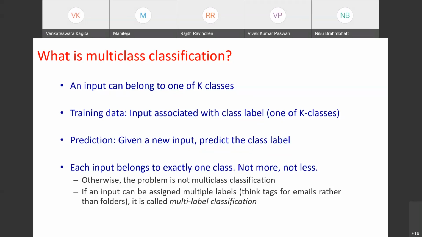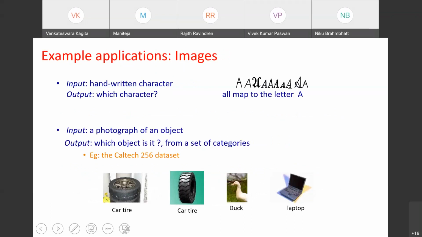The problem is multi-label classification, which we're not going to cover here. We're just talking about multi-class classification, where each instance belongs to only one class out of the k classes. For example, an application is handwritten character recognition, where the input is a handwritten character and the output is which character it is.